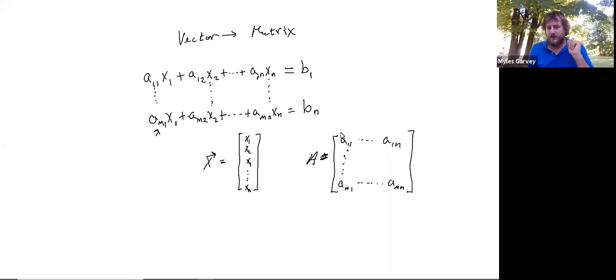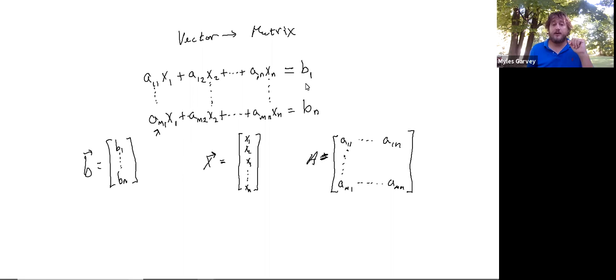So I have A11, A12, A13, etc. And suppose I do the same for B. Suppose I write B with an arrow on top, and I have B1, dot dot dot, Bn.